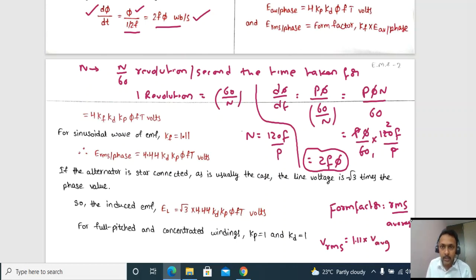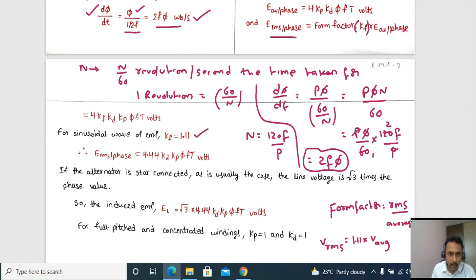So now the RMS value per phase is given by form factor times average value. Here the form factor we can denote with the letter KF. So KF, Kd, Kp times phi ft, where KF for a sinusoidal waveform is 1.11.